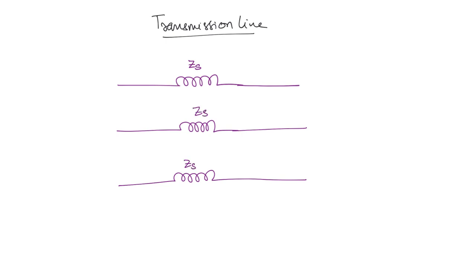Transmission lines will also have the mutual impedance Zm between each of the phases. This is phase A, and phase B and C.